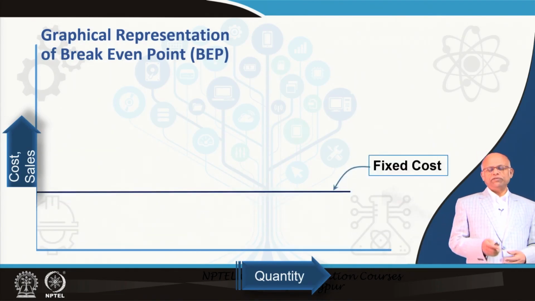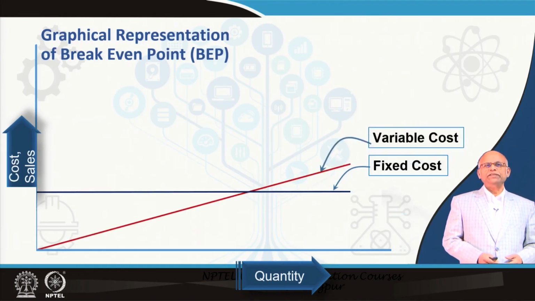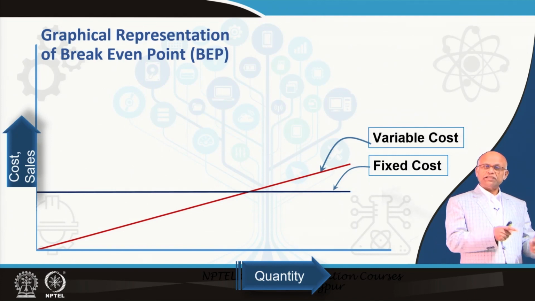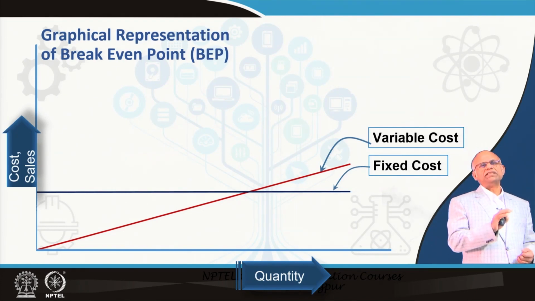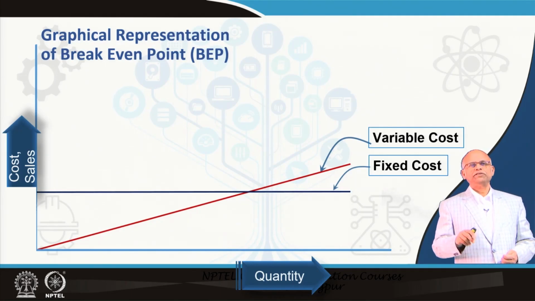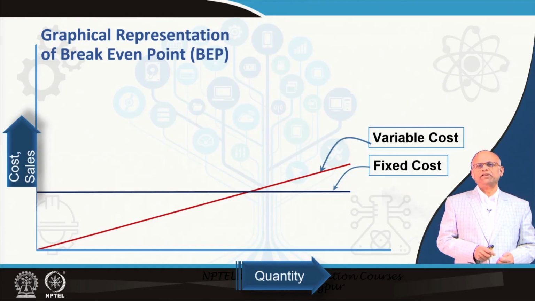Now, we try to show that graphically. On a plot of cost and sales versus quantity, your fixed cost line is a horizontal line, whereas variable cost starts from 0, because if you produce 0 units, you do not incur any variable cost, whereas if you do not produce any unit, still your fixed cost is at full F. So, fixed cost even at 0 is full, and then it goes like a horizontal line.